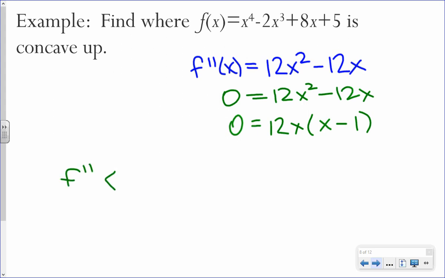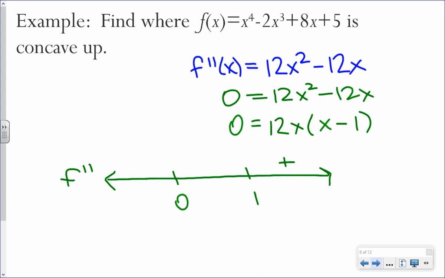So on our second derivative number line, we're going to put 0 and 1. Okay. All right, let's start with easy numbers first. If we plug in 2, 12 times 2 times 2 minus 1 would be positive.